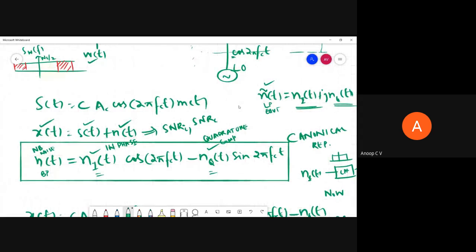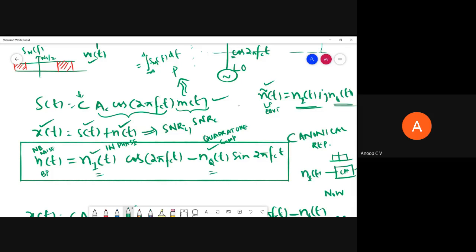what is the power of this particular signal? There is a constant C, and AC cos 2 pi FCT. This is our carrier, and there is M of t. We'll assume this M of t has an average power equal to P watts. This will be the integral from minus infinity to infinity of SM of f df.